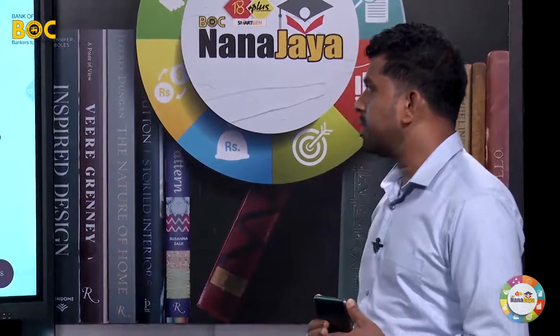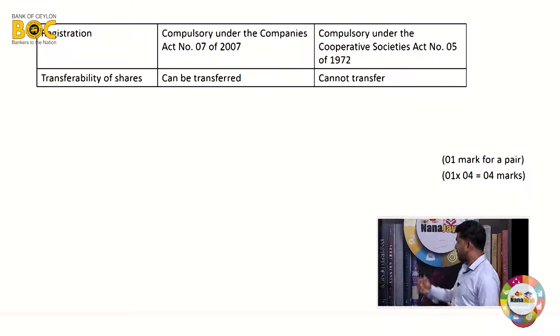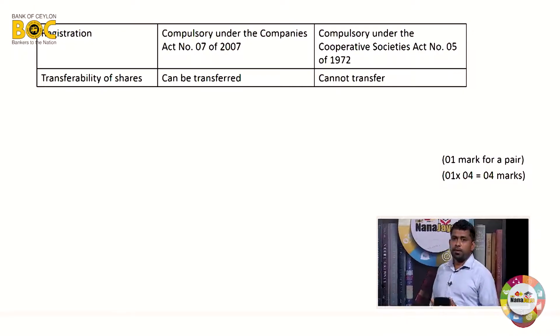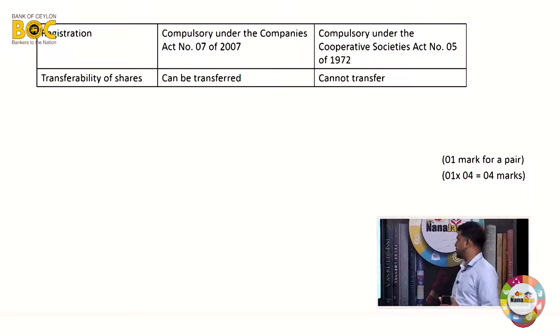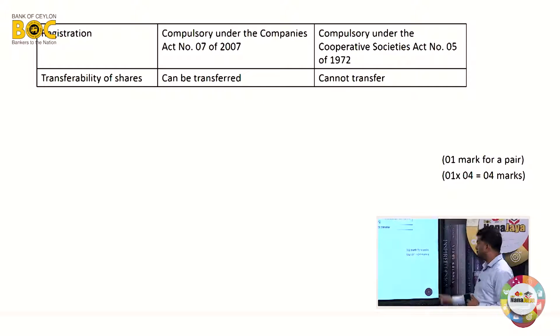Transferability of shares: shares can be transferred in limited companies, but they cannot be transferred in cooperative societies. You have to show 1 comparing pair to get 1 mark, and you have to mention 4 facts to get 4 marks.